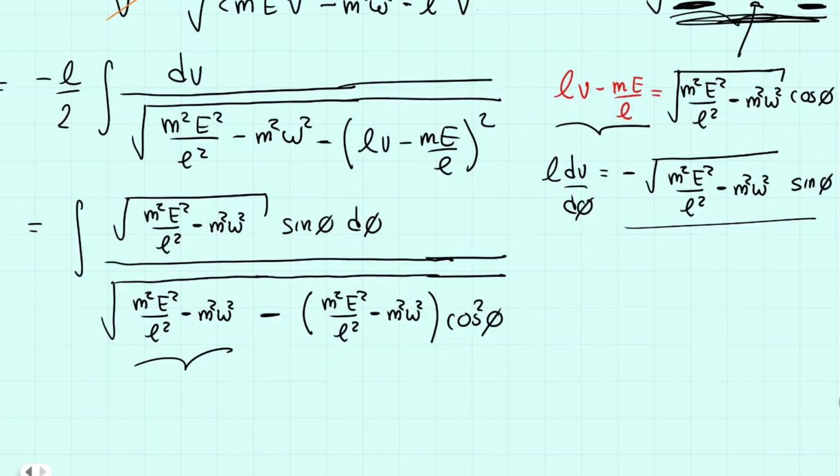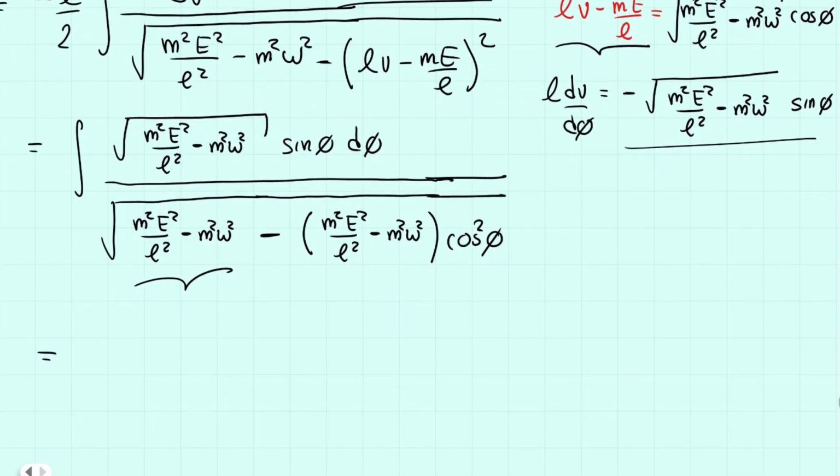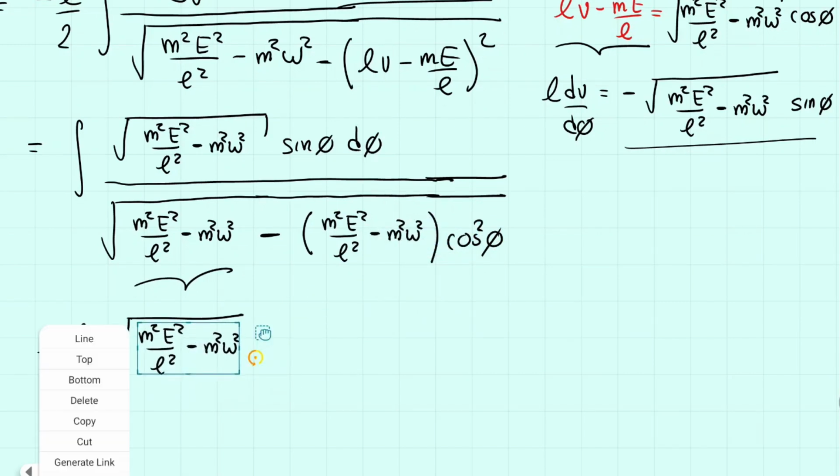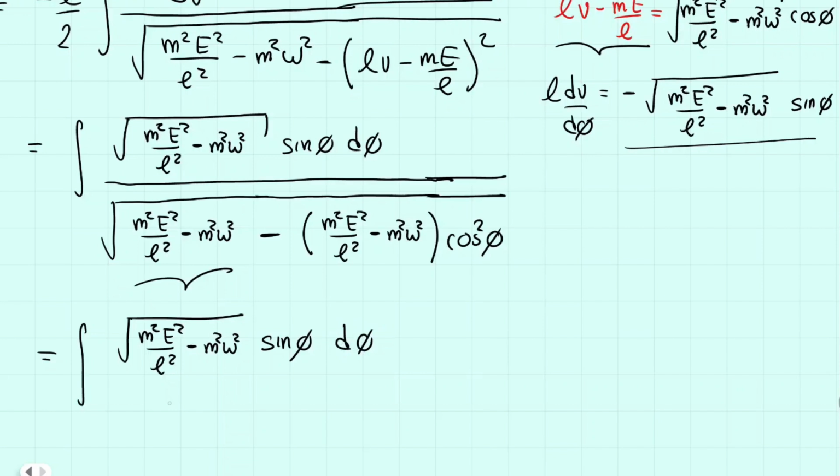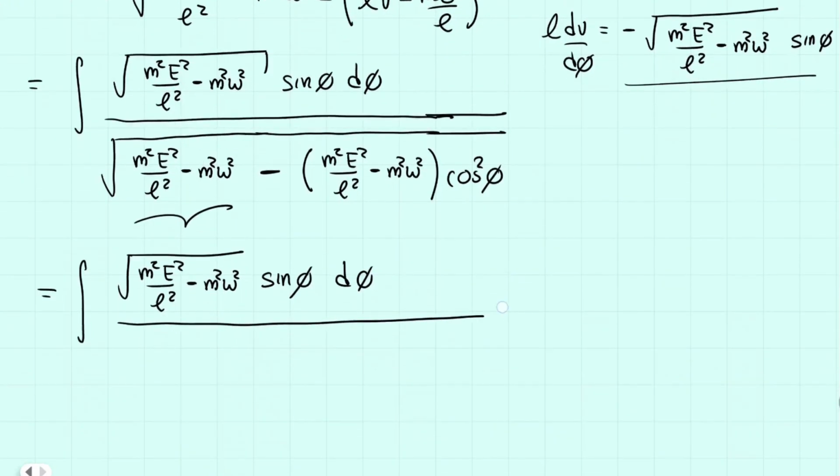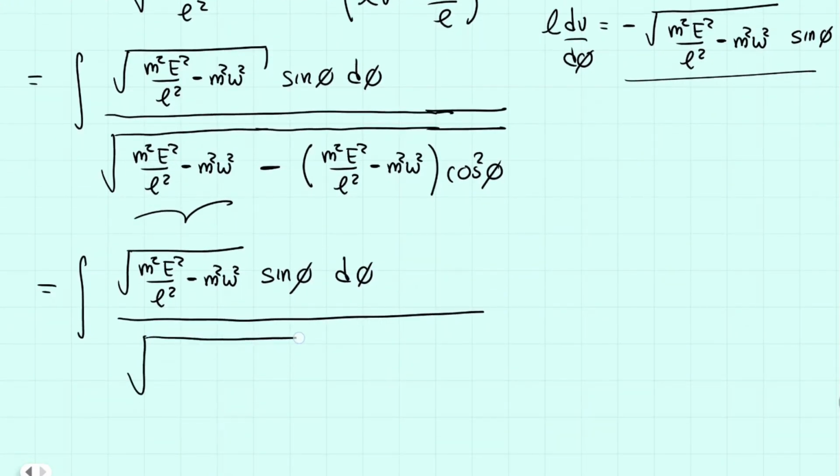That was the reason that we made this change of variable. Okay, so this is going to be equal to the integral of the square root of this times sine of phi. I'm going to do every step just to be sure everything is correct. So again, this will be a common factor, and this will multiply 1 minus cosine squared of phi.